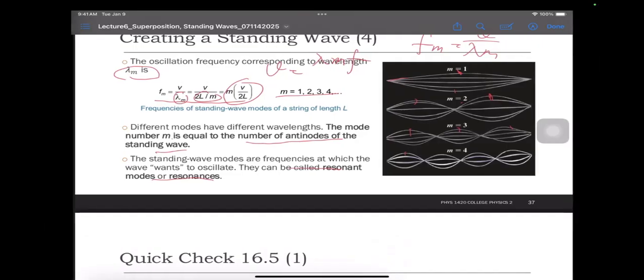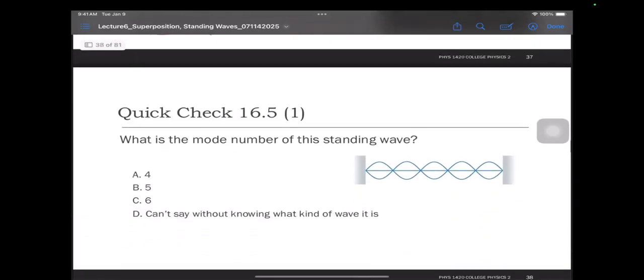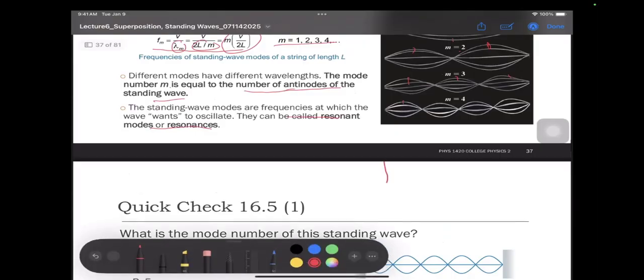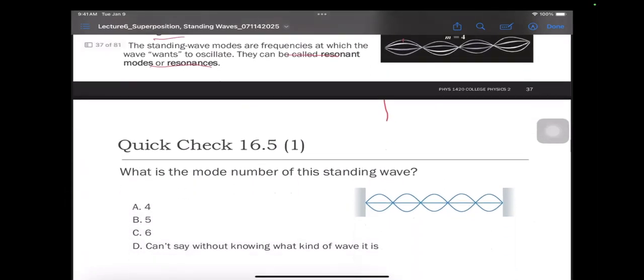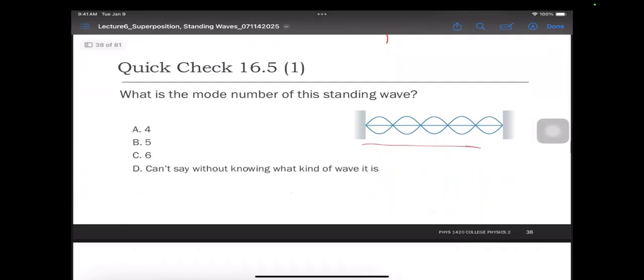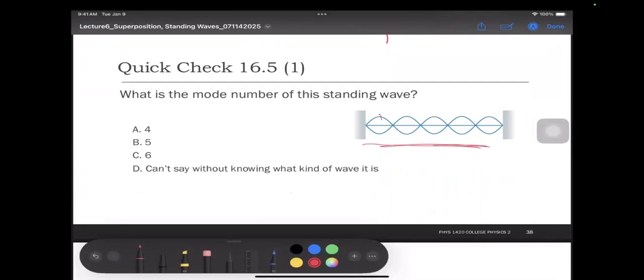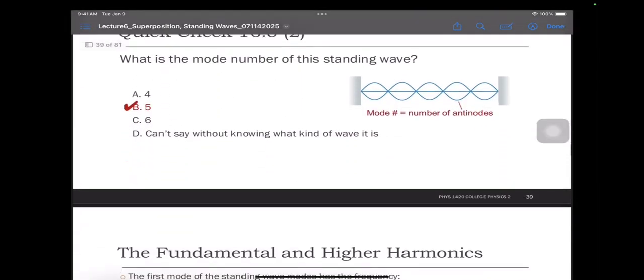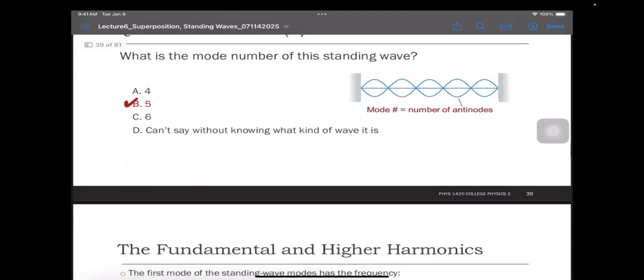So this question asks for the mode number, which means we just need to know how many antinodes. So how many antinodes are in this standing wave? 1, 2, 3, 4, 5. Does it make sense to you? So it is 5, the number of antinodes.